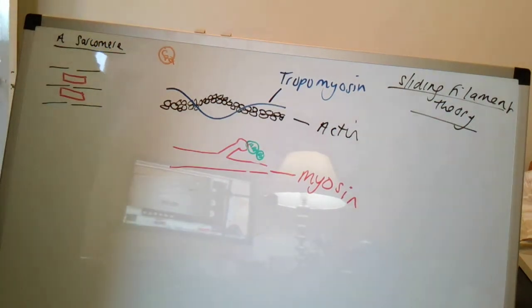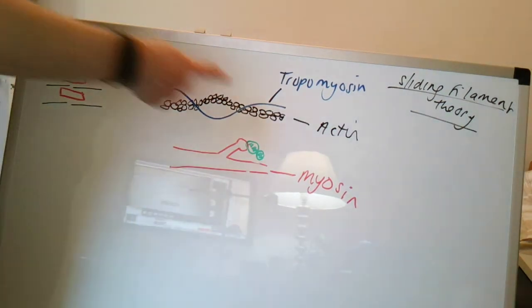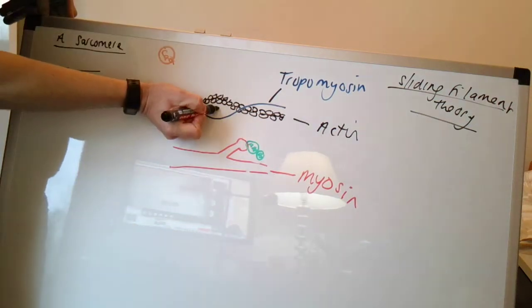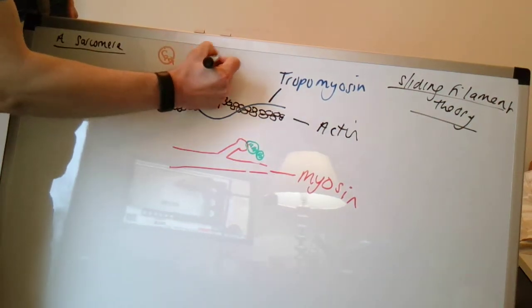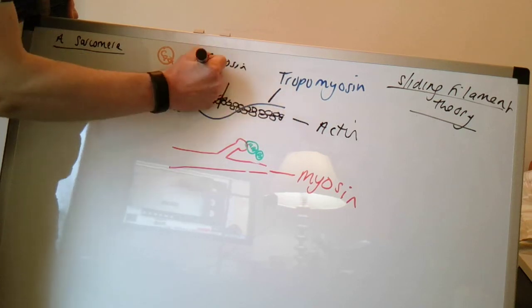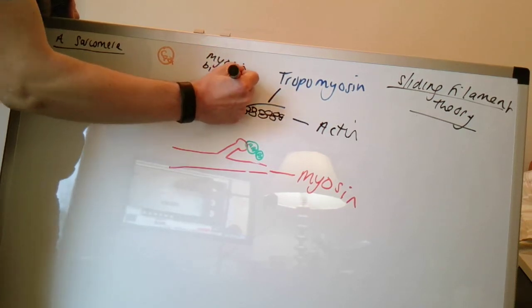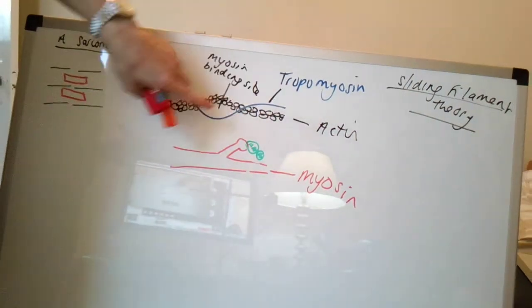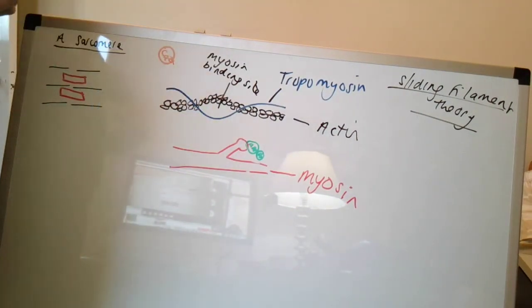When a muscle is relaxed, tropomyosin will block the myosin binding site, which is this area, on the actin filament, preventing the myosin binding. So, in a relaxed muscle, tropomyosin blocks the myosin binding site on the actin filament, preventing myosin from binding. That's the first point.